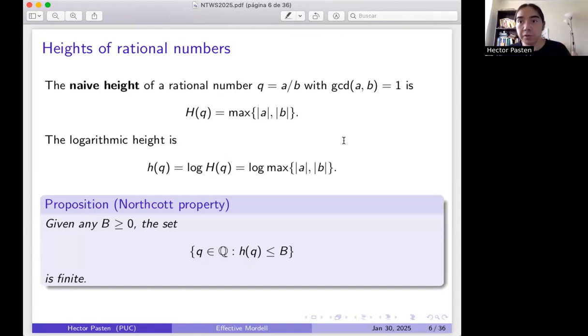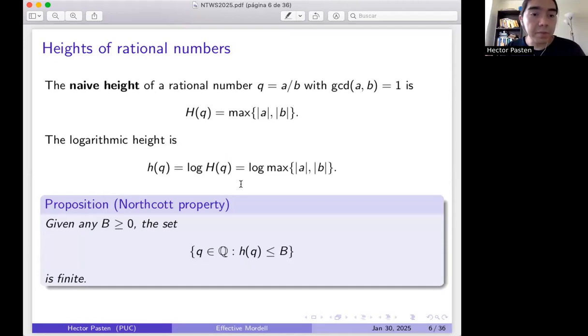Of course, if you have a number that requires larger integers to be written down, then we say this is more complicated. And the logarithmic height is just the logarithm of the naive height. You can think about the naive height as approximately of the same order of magnitude as the number of bits you need to express your rational number.